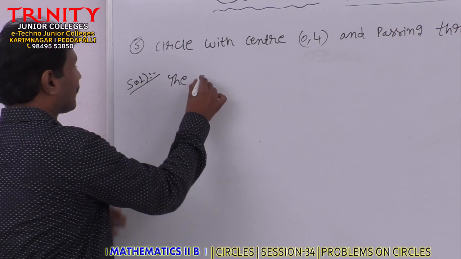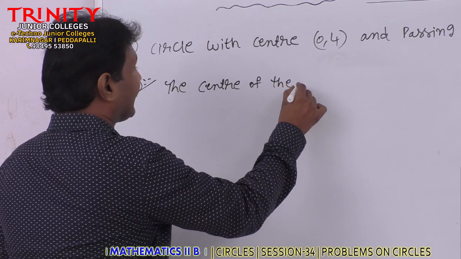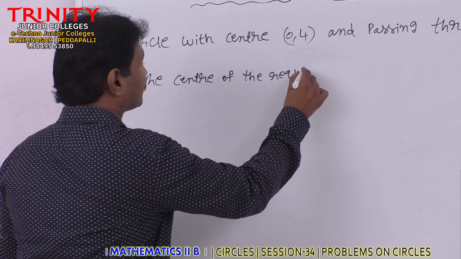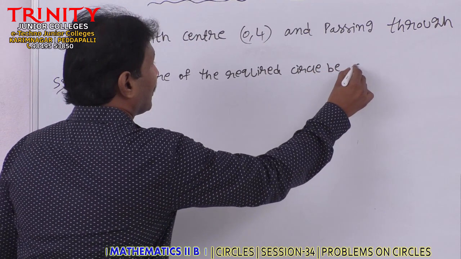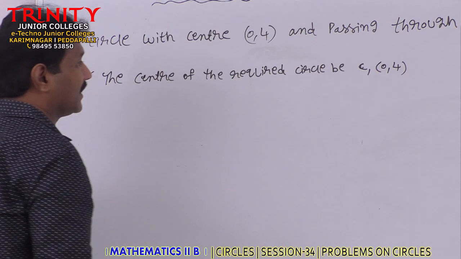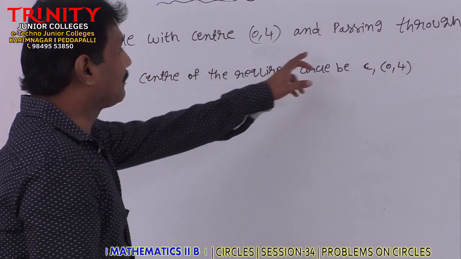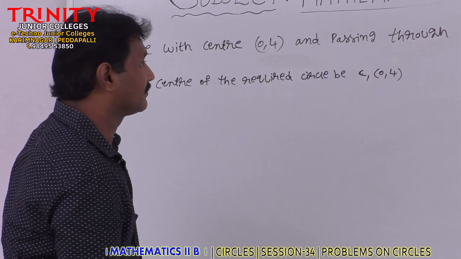The center of the required circle is C1 (0, 4), and it passes through the projection of (2, 4) on the x-axis.